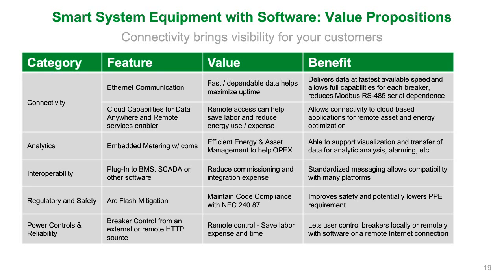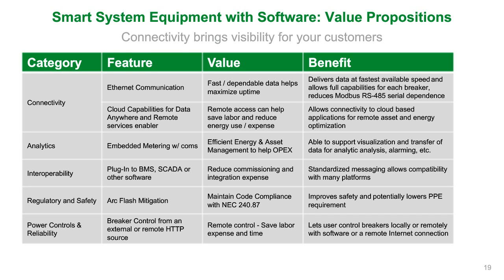Now, some of the value propositions that you get from having this data are around things like connectivity. When you have Ethernet connectivity, that gives us fast and dependable data that really helps maximize uptime. Things like cloud capabilities allow us to have remote access, save labor by not having to send somebody out to a site. You can look at it remotely. It's going to help you reduce energy use because of that.